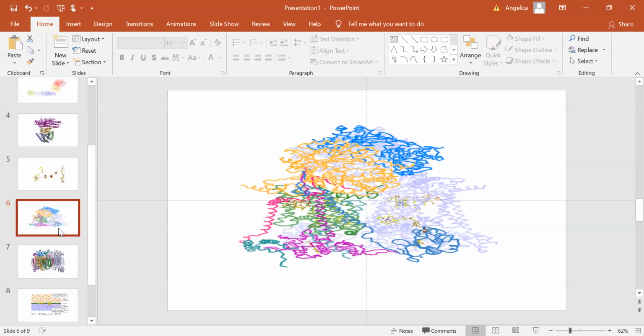It is an assembly of 10 distinct polypeptide chains from one half of the structure. These are represented in different colors, and the second set of the same 10 chains comprises the second half of the structure, shown in light blue.